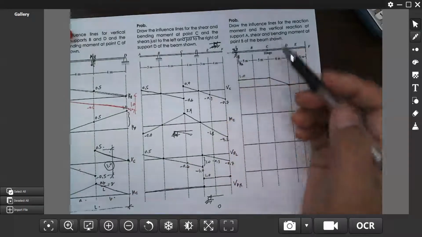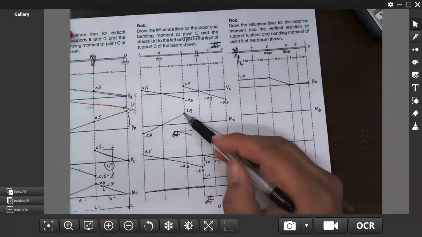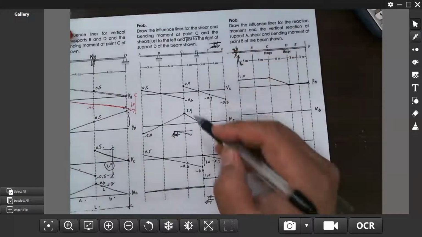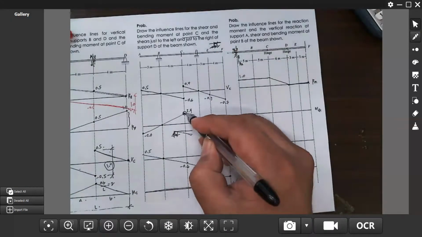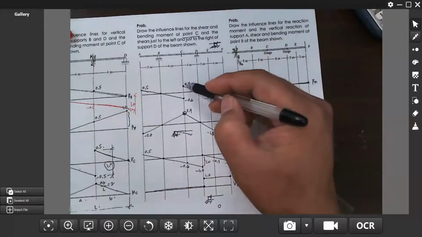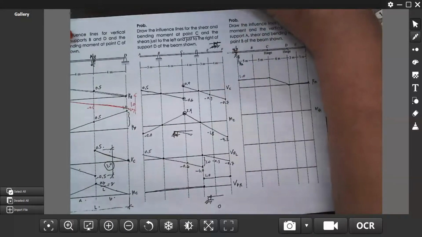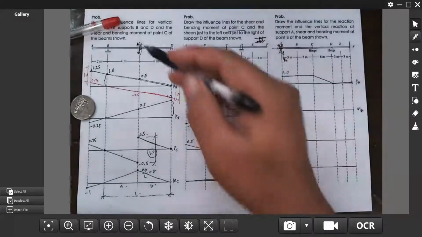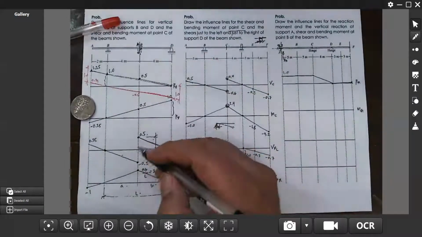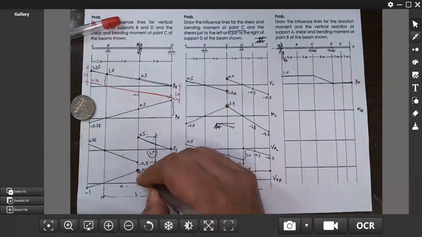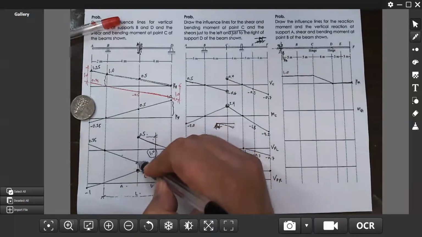Sa moment, wala na sila na-separate. Ang shear lang ang separate.